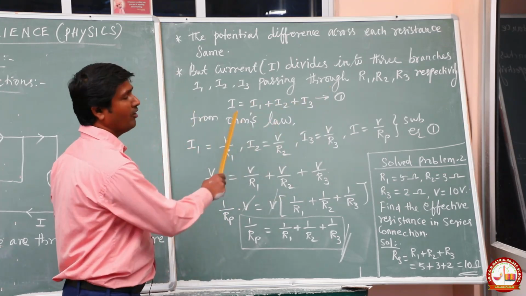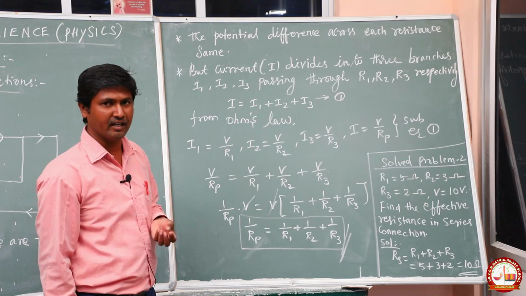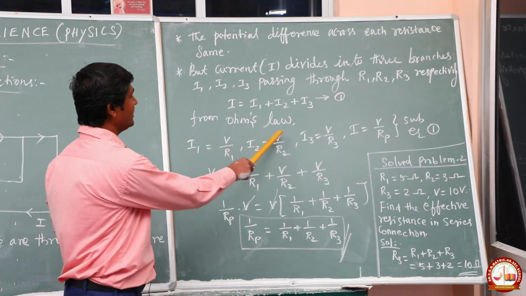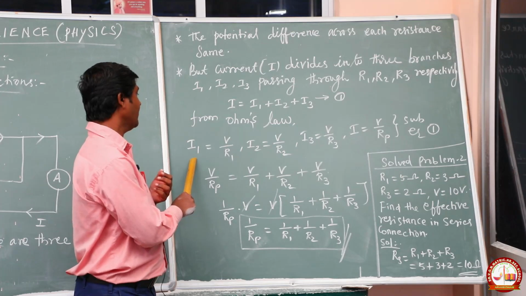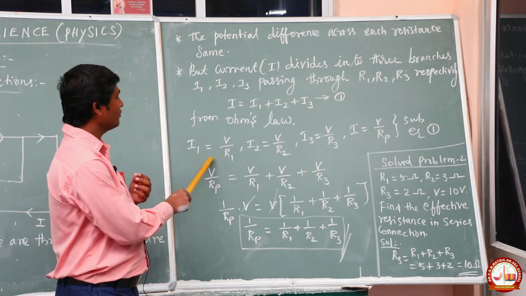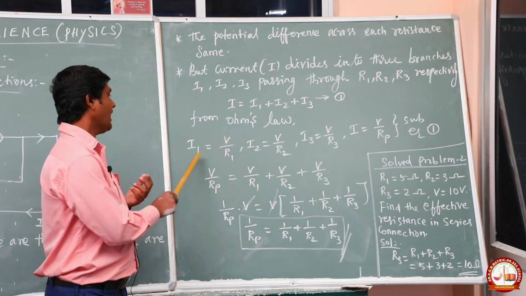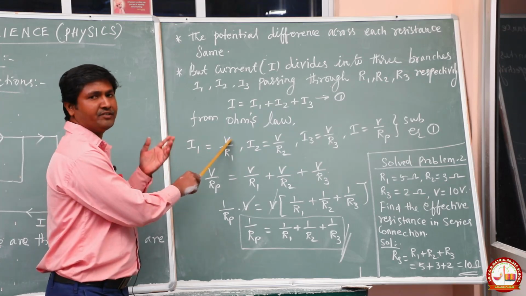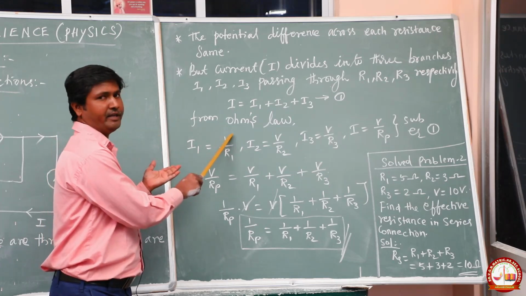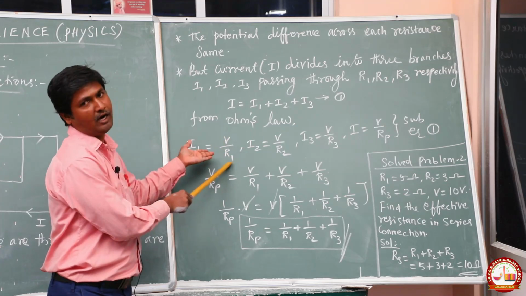You know first Ohm's law, V is equal to IR. This is called Ohm's law. From Ohm's law, V is equal to IR, find I is equal to V by R. Then I1 is equal to V, the same potential difference, divided by R1.